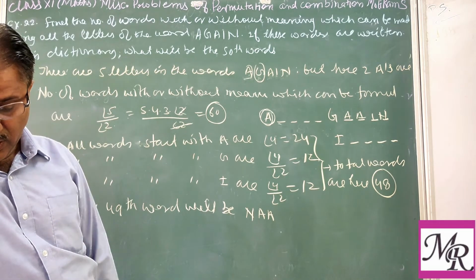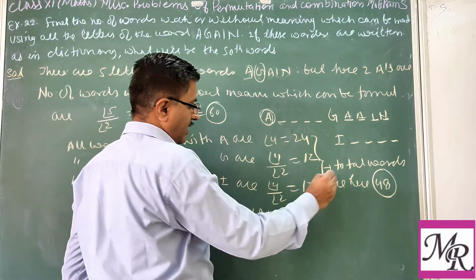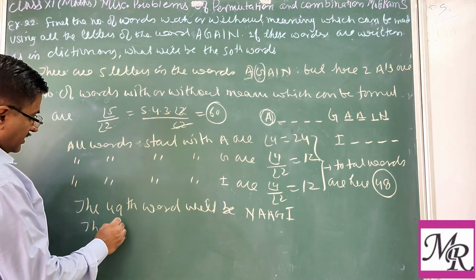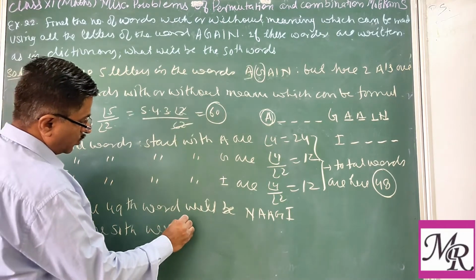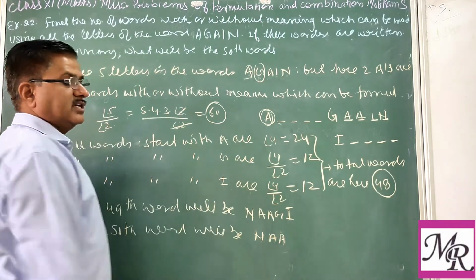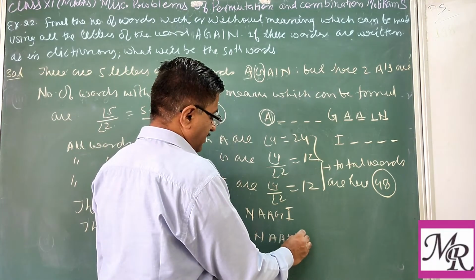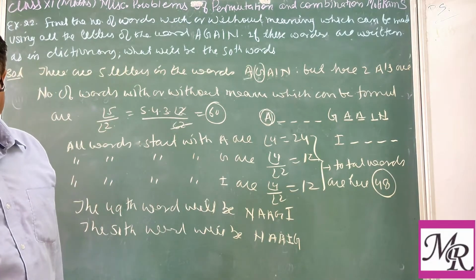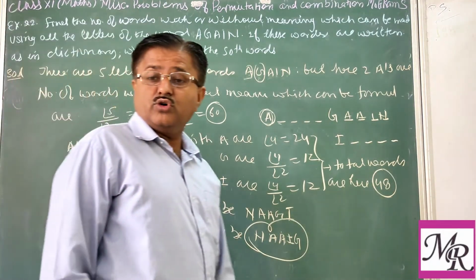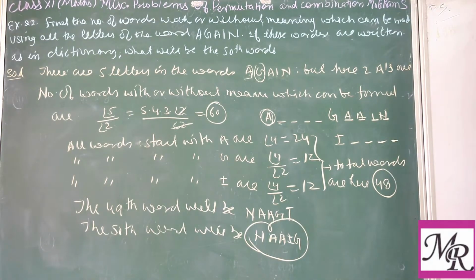First will be A, so N, A, then G, and left is I. This is 49. The one after this is our required 50th word. Only N, A, now G replaced by I. This position after G will be I. So this word will be the 50th word according to the dictionary. Clear? So in this way we can easily find the words.